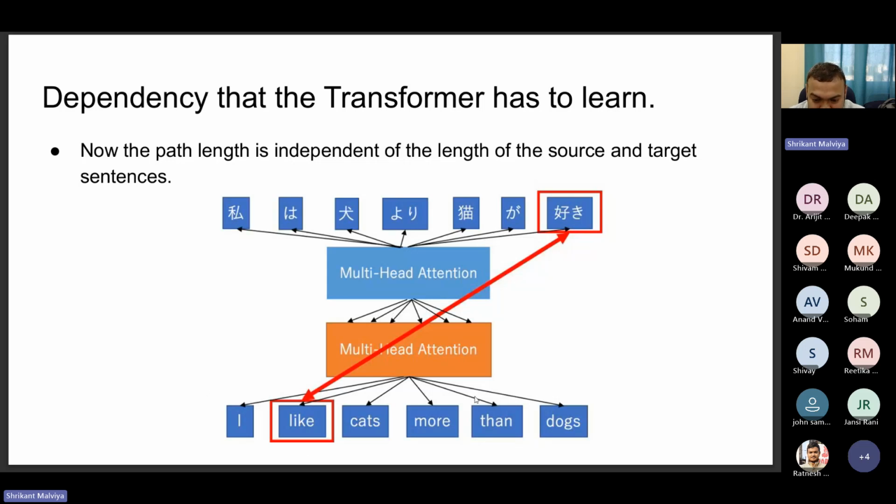So what is happening here is that for the given input sequence, let's take the example of machine translation, it will generate the representation of each and every token in the input sequence using this multi-head attention mechanism. And after getting the representation of each token in the input, it again uses a decoder way of multi-head attention and applies it to generate the output sequence.